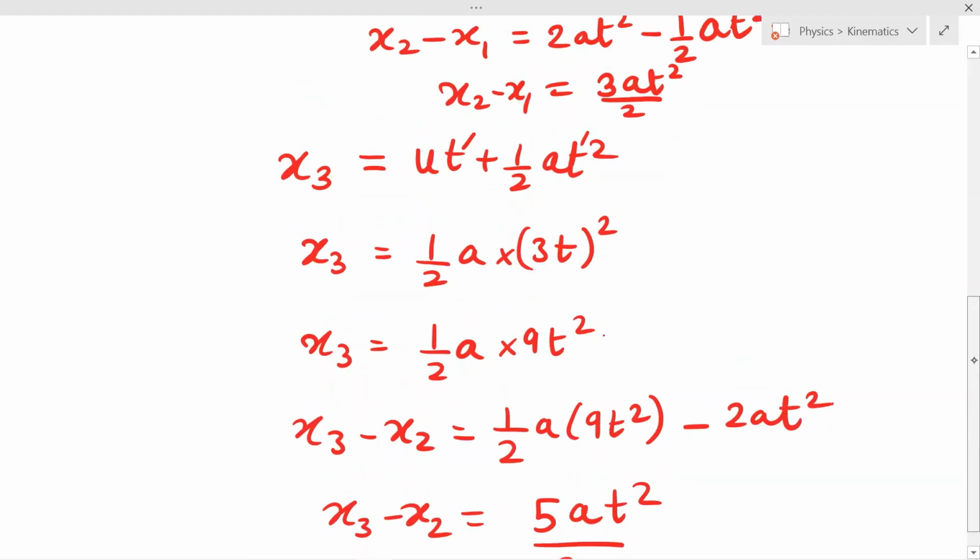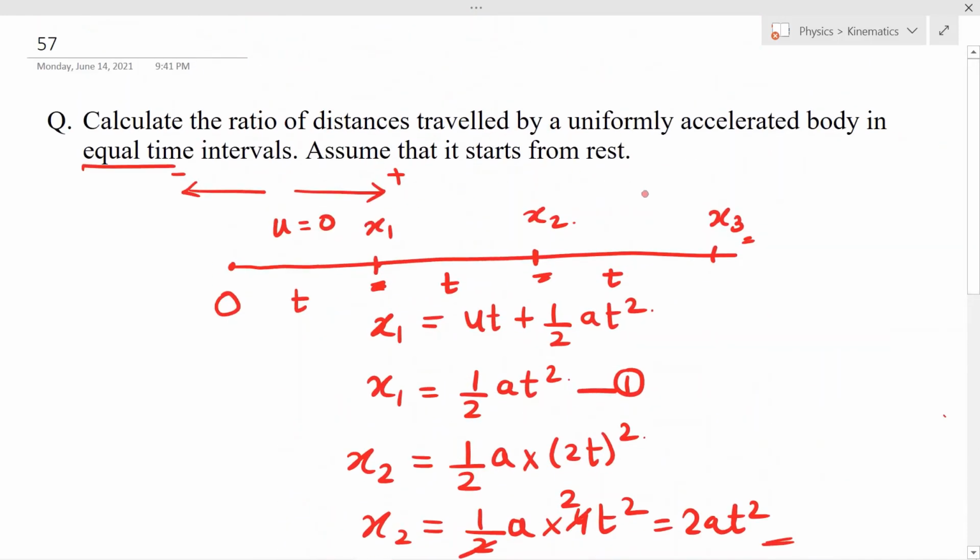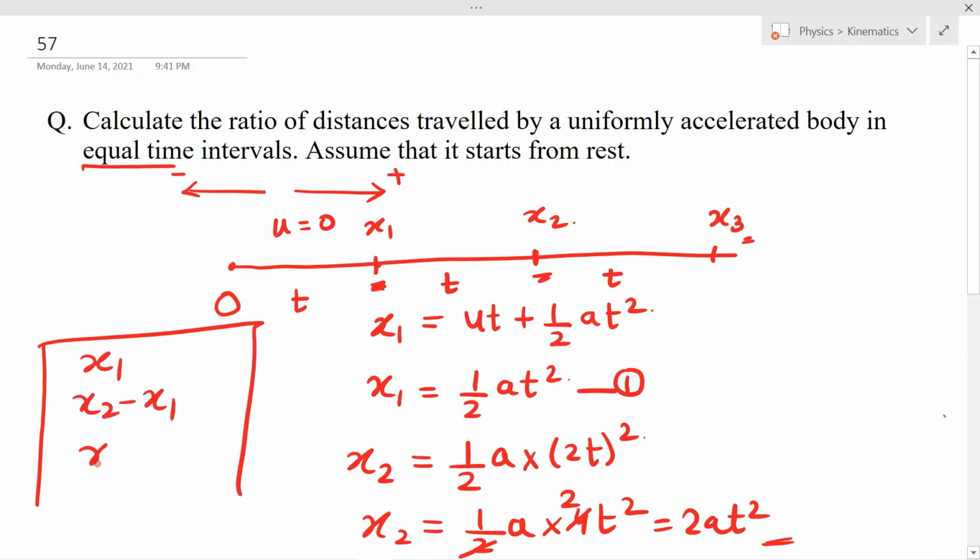Now see, the distances traveled are x1, x2 minus x1, x3 minus x2. So we have to take the ratios of these. The fourth entry will be x4 minus x3 and so on.